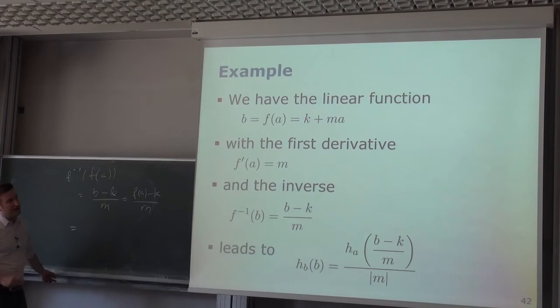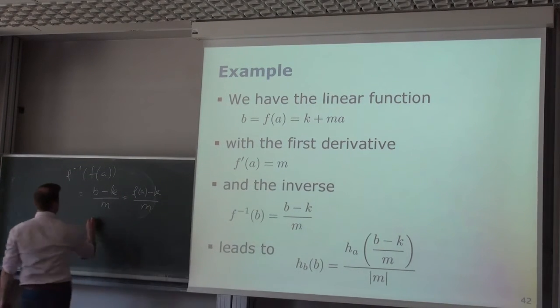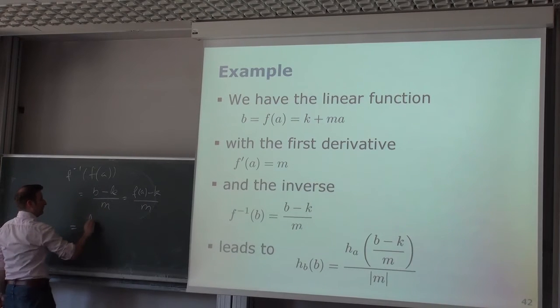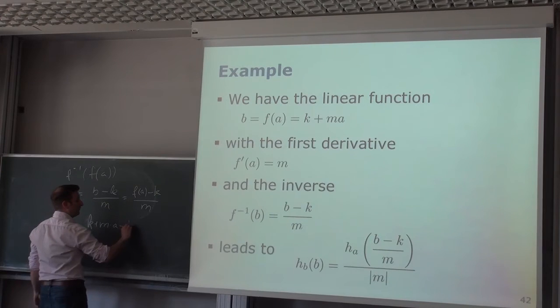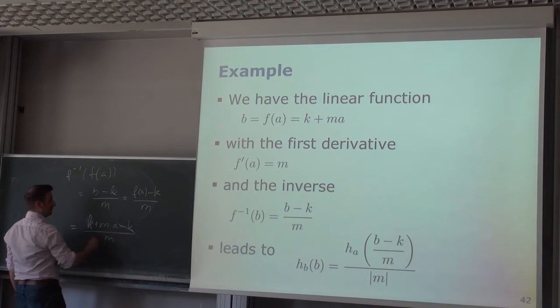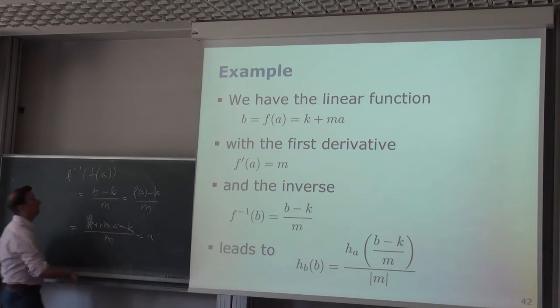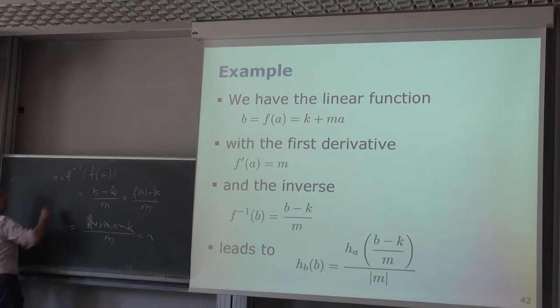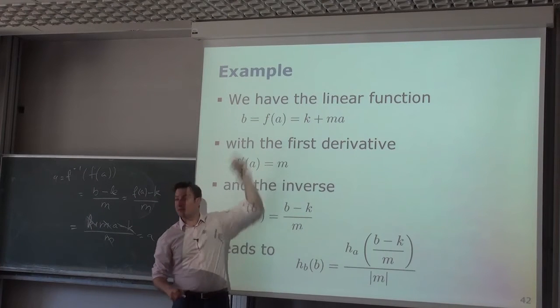And f of a is k plus m times a. So this is k plus m times a minus k, divided by m. So this goes away and this goes away, and then m goes away, and I keep a. That's exactly what this should be. Okay? So given this equation, you should trust me that this is the inverse of this function over there.